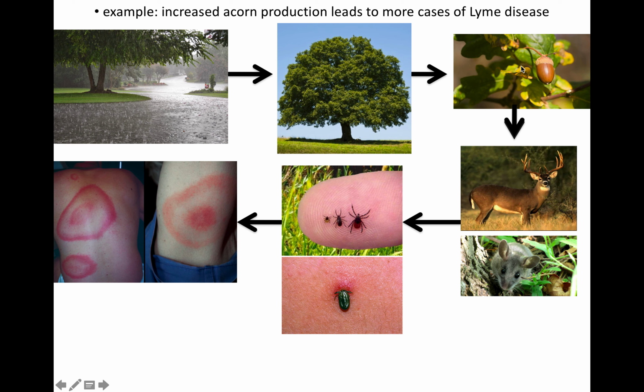Increases in plants lead to increases in animals that eat those plants. These animals are vectors or carriers of ticks. Ticks in these grasses will land on them. So if you have more of these animals, you're going to have more food for the ticks. So what does that do? That increases the population of ticks. More ticks around means more humans are going to get bit. Therefore, more humans are going to start developing Lyme disease.